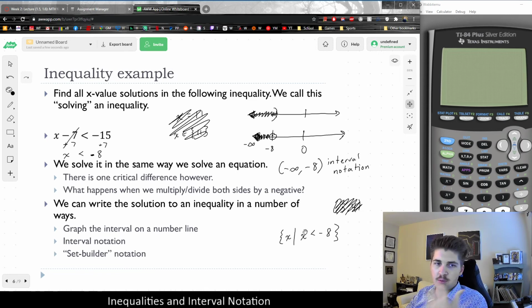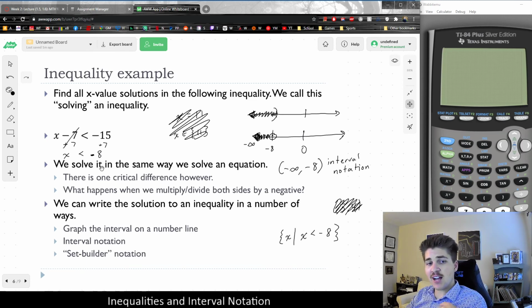And there's a lot of notational things you can do to convey your meaning, but at the end of the day, it's just another way of writing a set. And again, sometimes the homework or the packets might use one form or the other. I think it's important to recognize all the different ways we write the solution to an inequality.